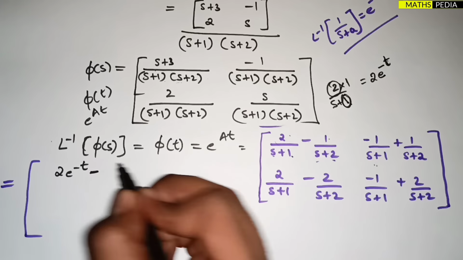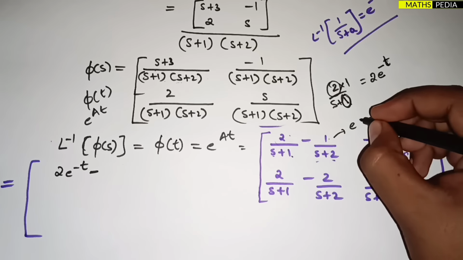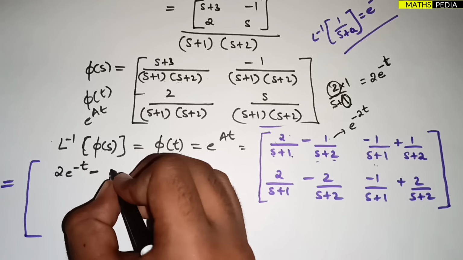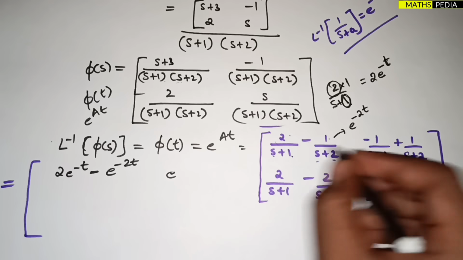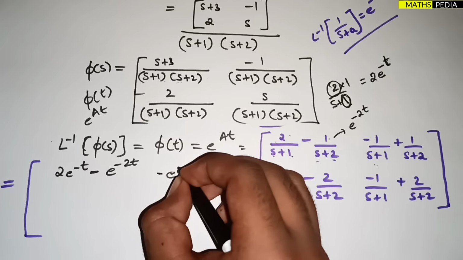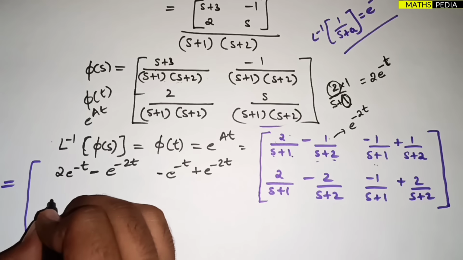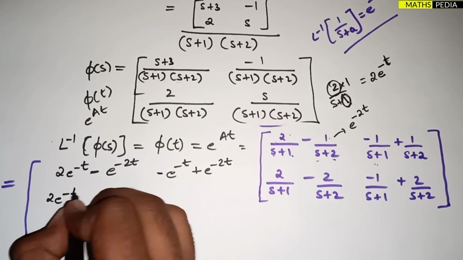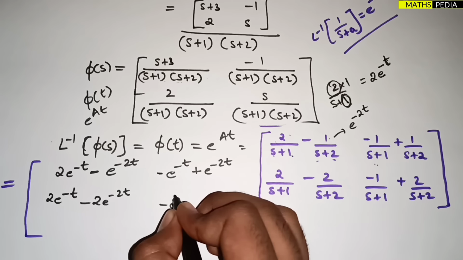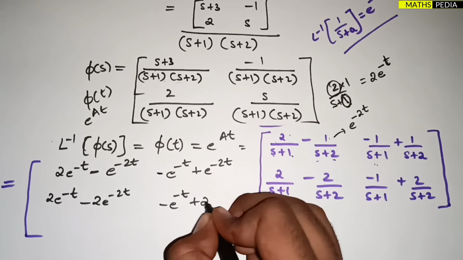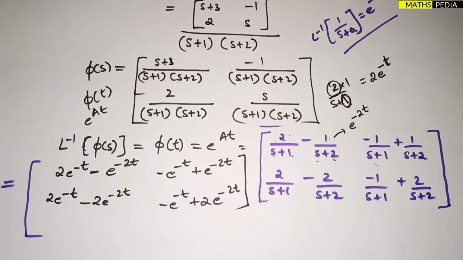Here minus is the minus 1 by s plus a form, again same thing. This will become e power minus 2t. Now the rest: the minus sign is already there, so minus e power minus t plus e power minus 2t. So this: 2 e power minus t minus 2 e power minus 2t, minus e power minus t plus 2 is the extra part, 2 into e power minus 2t. So this will be the final answer.